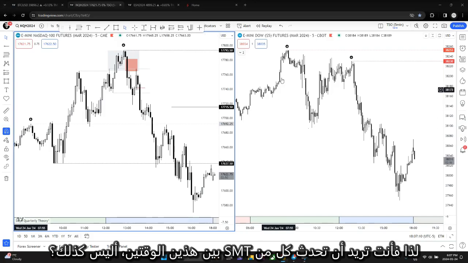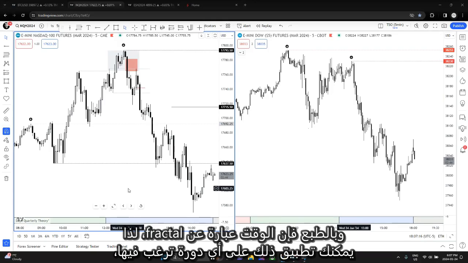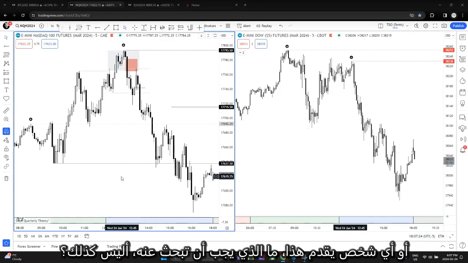So you want SMT to be occurring between these two times, right? And of course, it is time fractal, so you can apply this to any cycle that you wish to, or any that presents this, that you should be looking for.